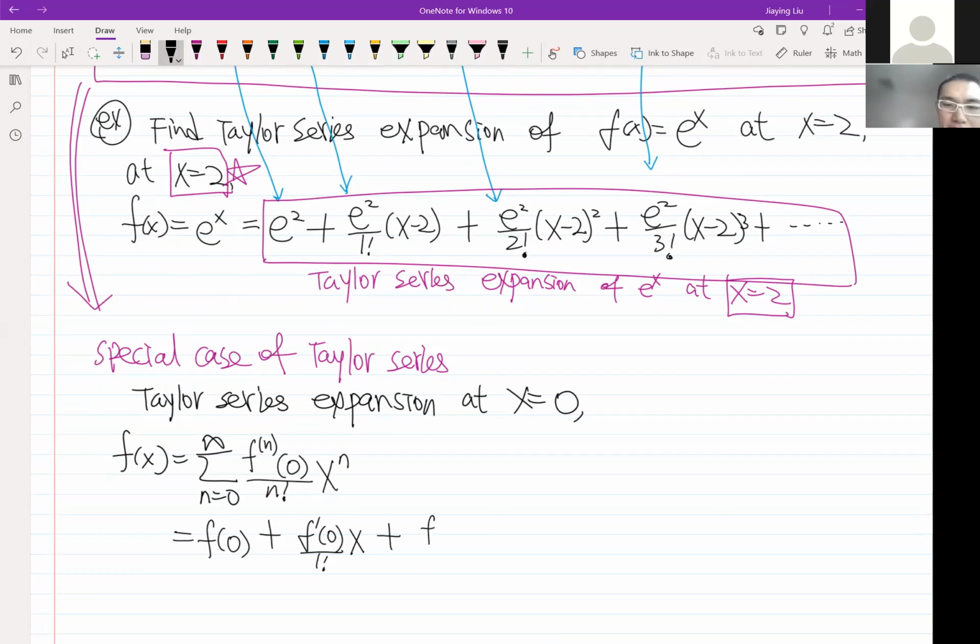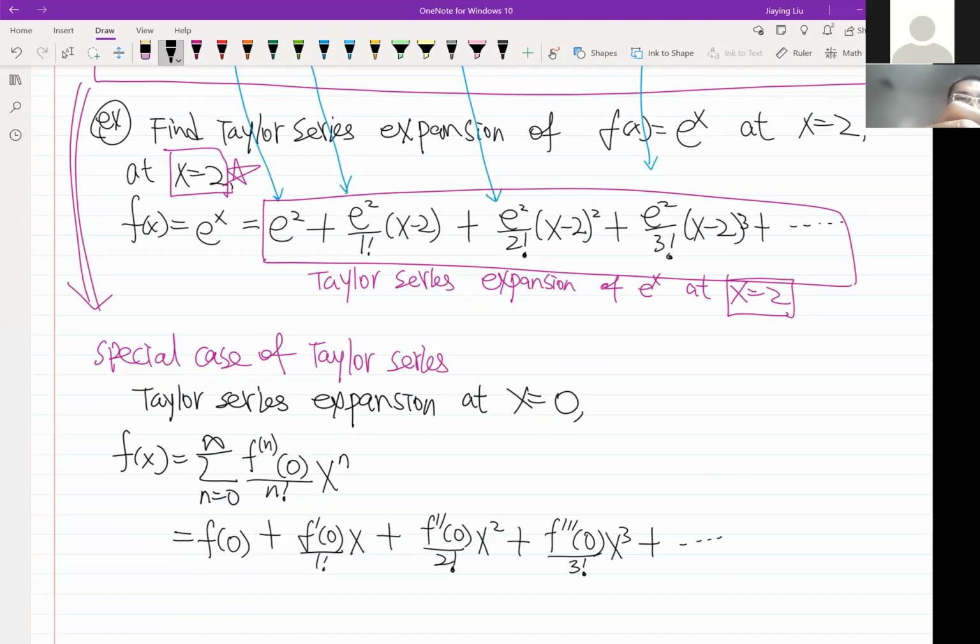And then plus the second derivative with 0 input, divided by 2 factorial, x squared. We don't subtract a anymore because a is 0. I mean, we still do, but we just don't keep minus 0 there. And then the third derivative at 0, divided by 3 factorial, x cubed, and so on.